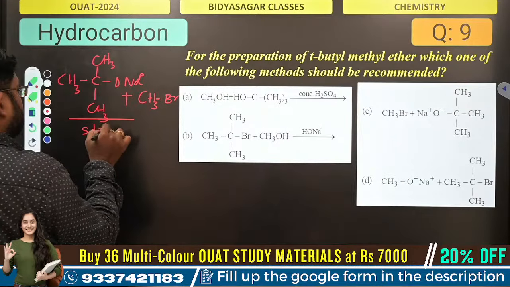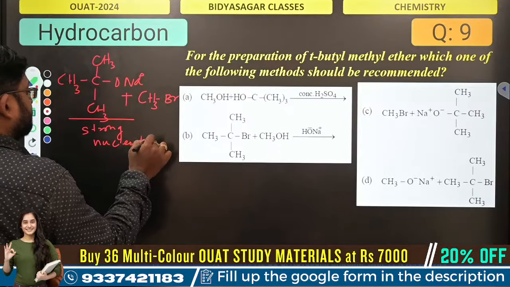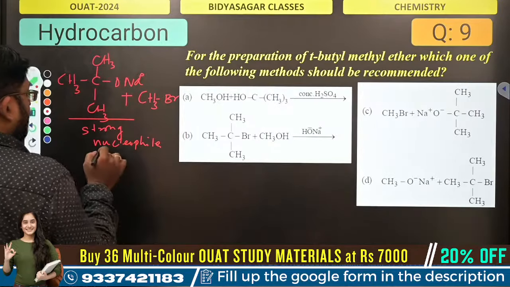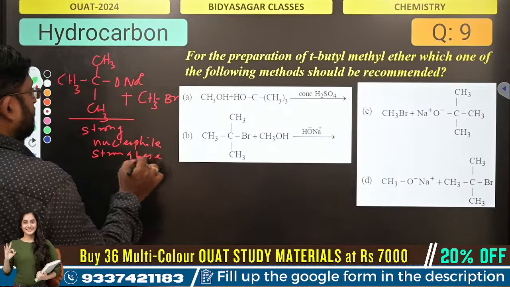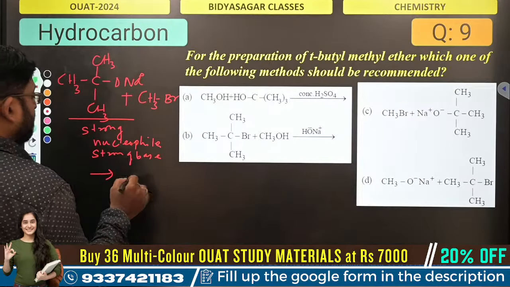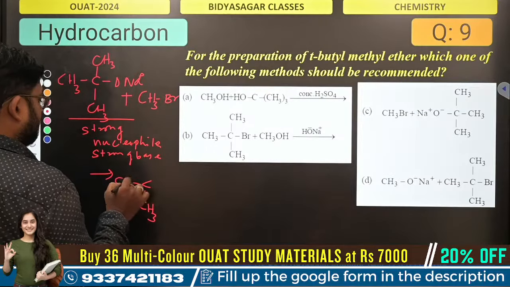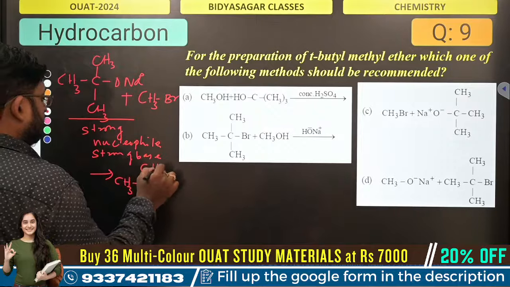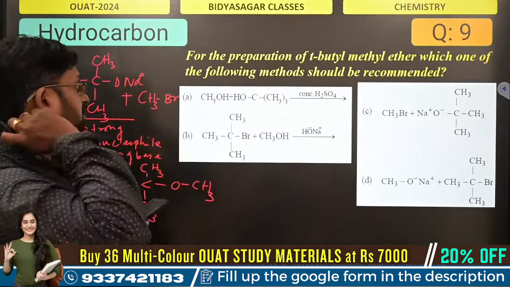So this is a very strong nucleophile and strong base also. In this case, it will give you tertiary butyl methyl ether.